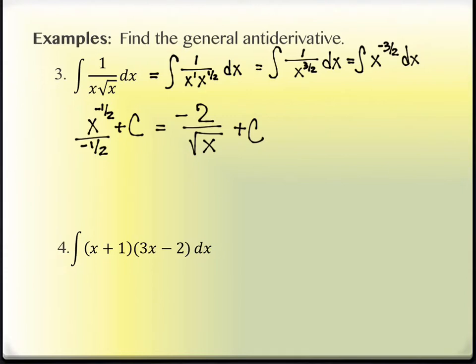How does number 4 sort of create memories of other things we've done? What about it looks different than the previous 3 problems? What's that? It looks like there's a product, right? And there's a product, but we haven't had a product rule written out for antiderivatives, correct? There's a very good reason for that.